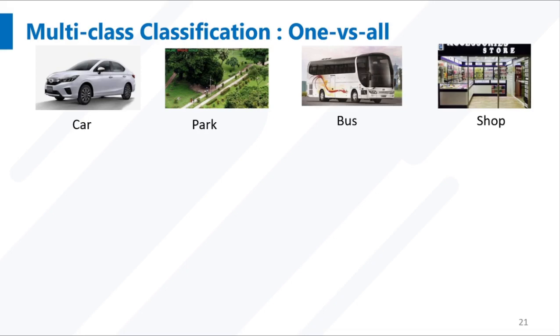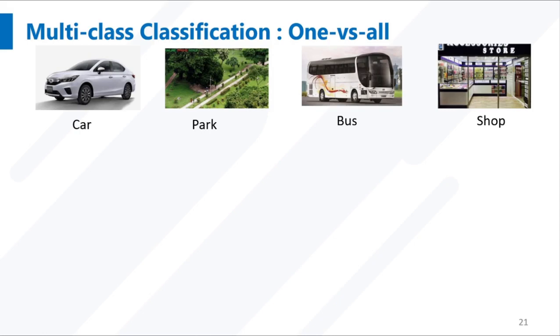The way we do multi-class classification in a neural network is essentially an extension of the one versus all method. So let us say that we have a computer vision example where instead of just trying to recognize car or non-car, we want to recognize four categories of objects.